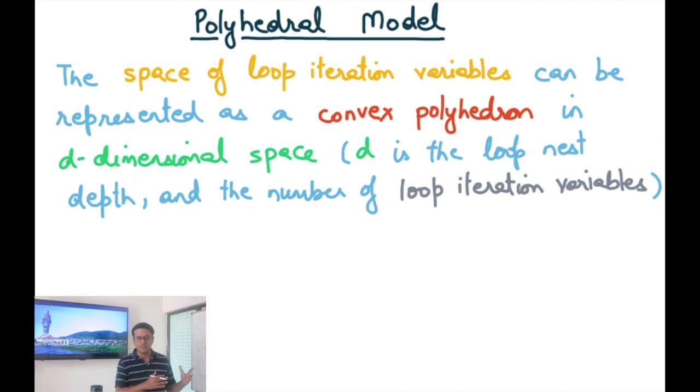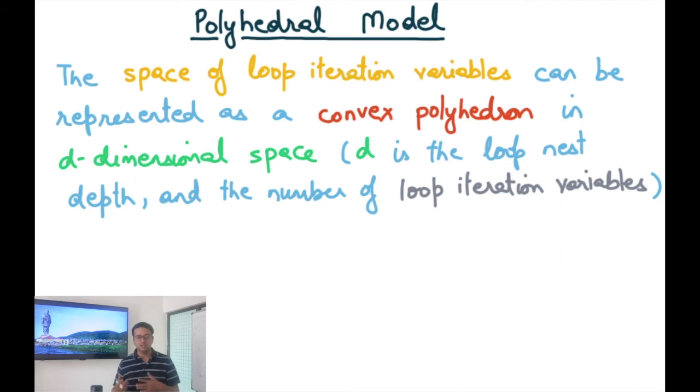So we just saw an example of a 2-dimensional space, but I can now generalize it to a d-dimensional space. For example, for a 3-dimensional space, it will be a 3D polyhedron. For a 4-dimensional space, it will be a 4D polyhedron, and so on, where d is the loop nest depth and the number of loop iteration variables. Notice that in the previous slide, the loop nest depth was 2, and so we got a 2-dimensional convex polyhedron.